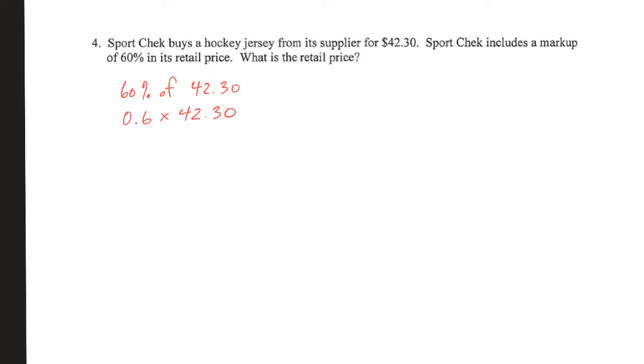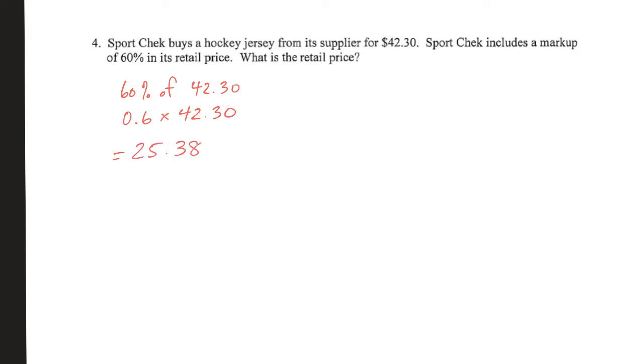Of means multiply. So we can push some buttons and calculate it. We're talking about money, so we're going to round off to 2 decimal places. Cam, what do you got? 25.38. Perfect. There we go.